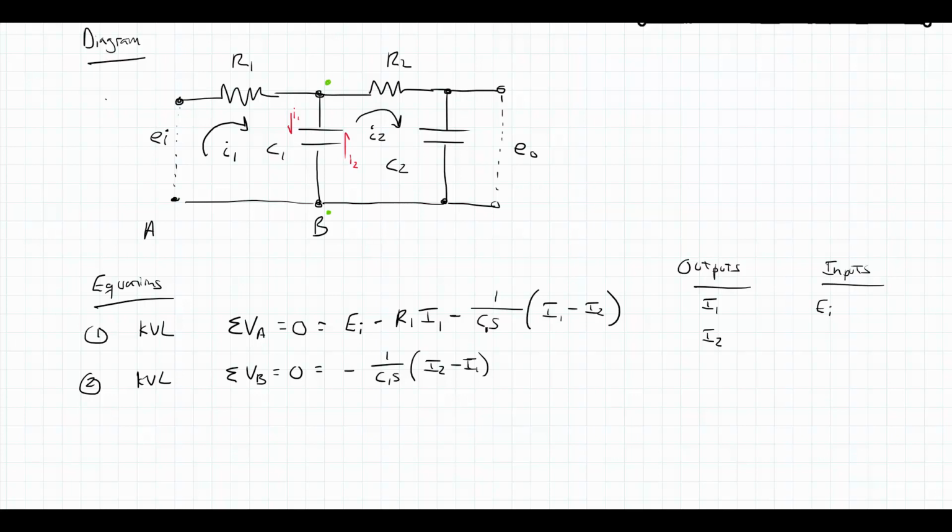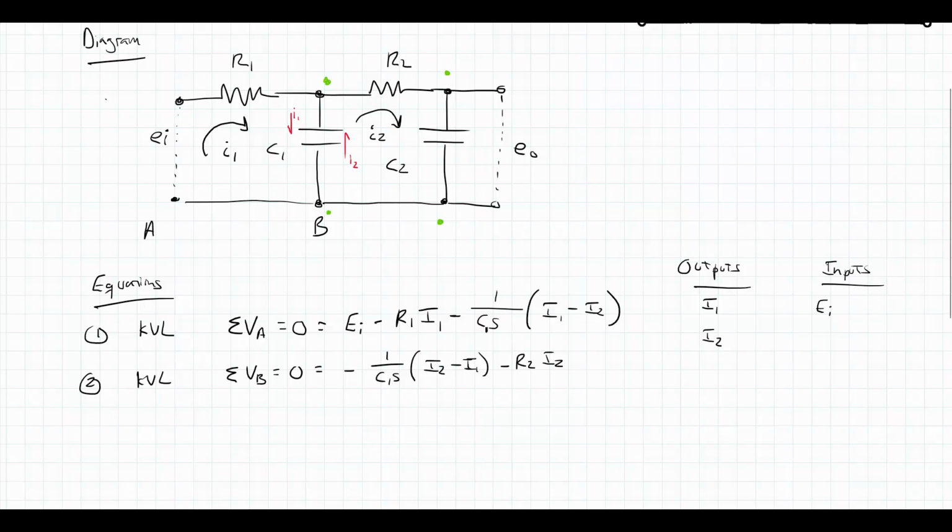Now I'm at the top node. I'm going to go across R2 to that right node. Here I'm going with the direction of I2. I2 is the only current going across R2, so it's just going to be a minus R2 I2. Now I am at the top right, and I'm going to travel down across capacitor C2.